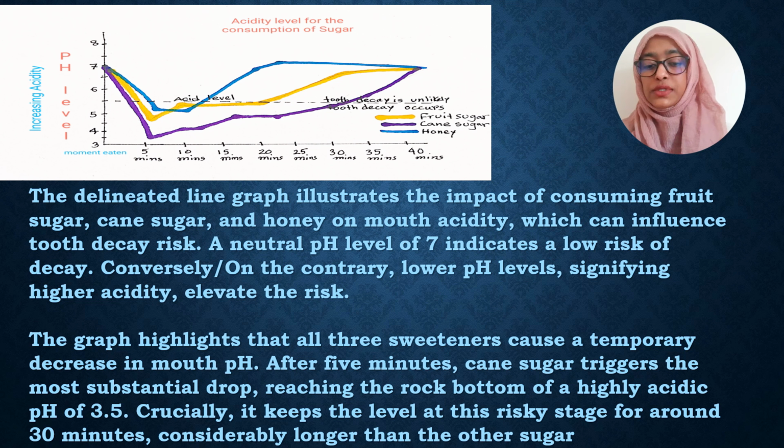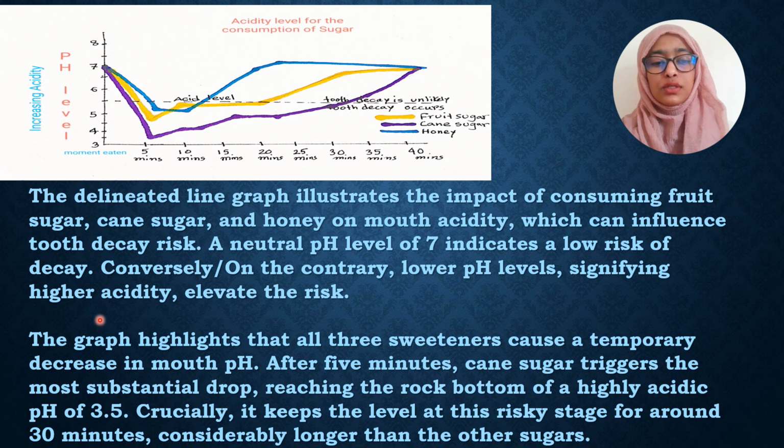Crucially, it keeps the level at this risky stage for around 30 minutes, considerably longer than the other sugar. So, we can see from this graph that this purple line drops the most, right? The purple line is for canned sugar. So this is the most focused topic, which one has dropped the most.